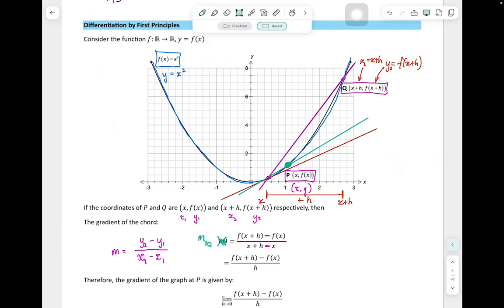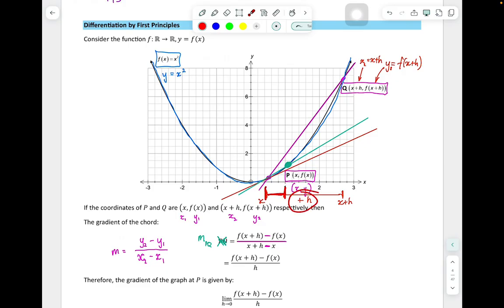So what do you notice about the points? They are getting closer and closer. What does that mean about our value of h? What's our horizontal distance between the 2 points? They are getting smaller and smaller. So if we want this green line to be super accurate and super close to this red line, what does that mean about our h value?